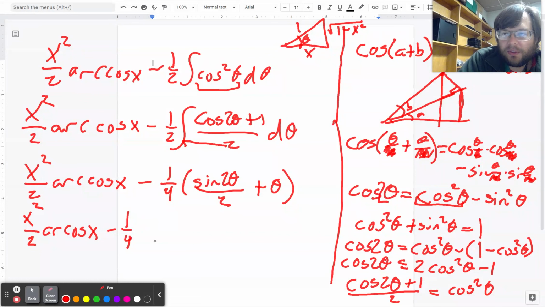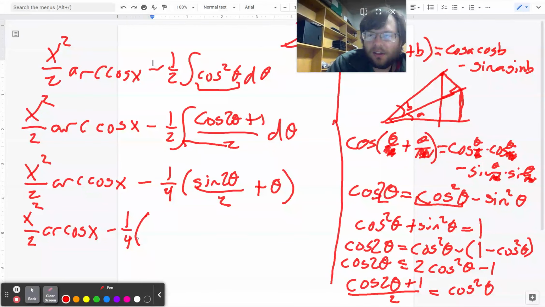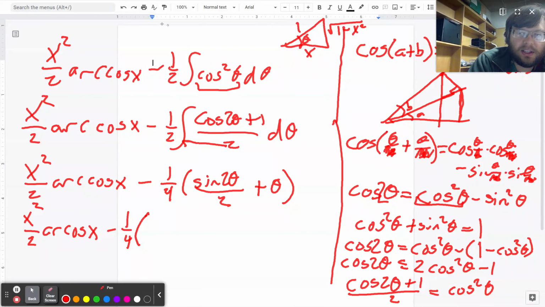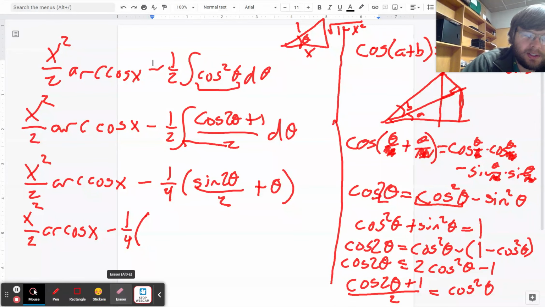Sine of 2 theta. I guess I could use another angle addition formula. That's kind of ridiculous. So what does sine of 2 theta equal in terms of theta? Yeah, so sine of 2 theta, just like cosine has an angle addition formula, let's create a little bit of space.